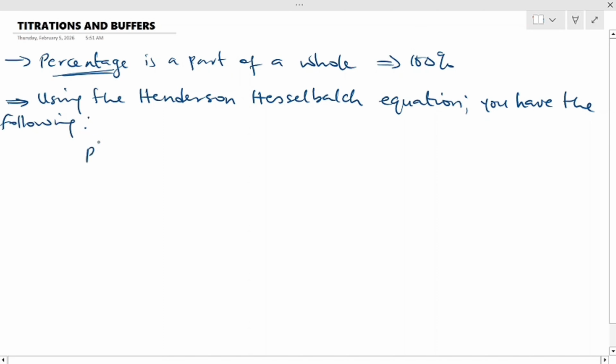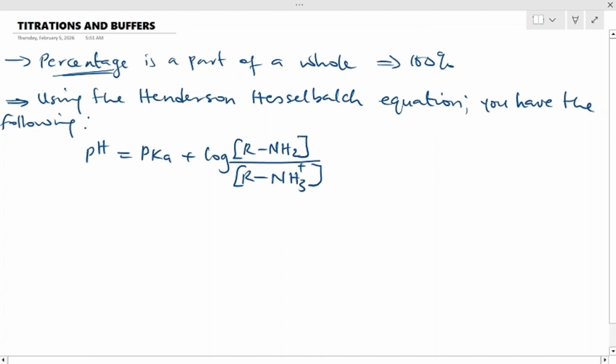So the Henderson-Hasselbalch equation says pH is equal to pKa plus log, in this case, the concentration of the conjugate base, RNH2, over the acid, which is your RNH3 plus.